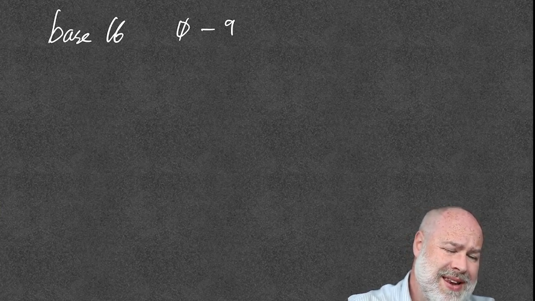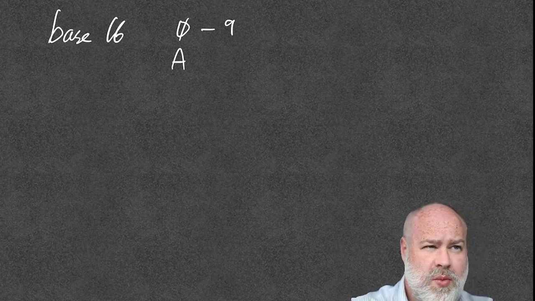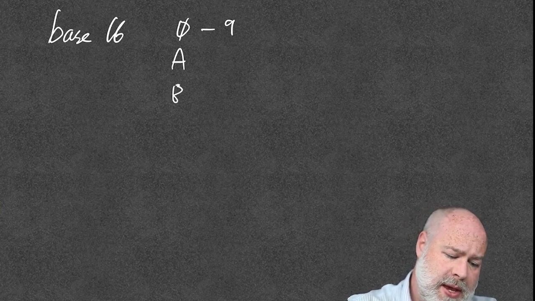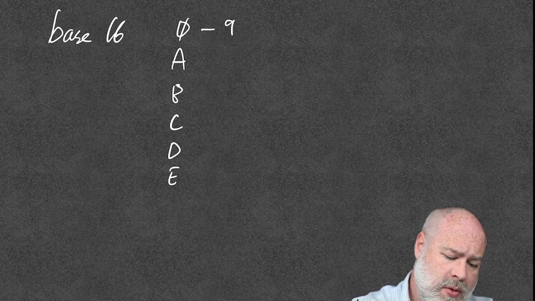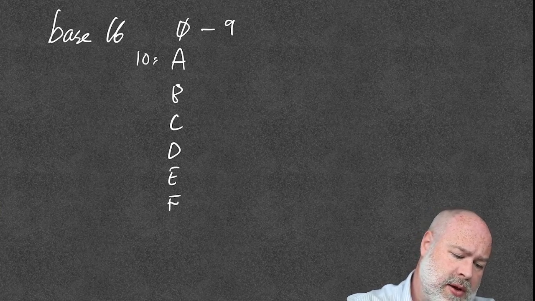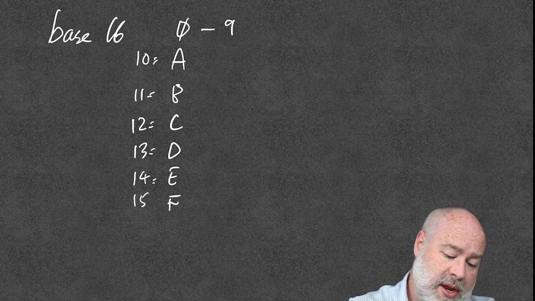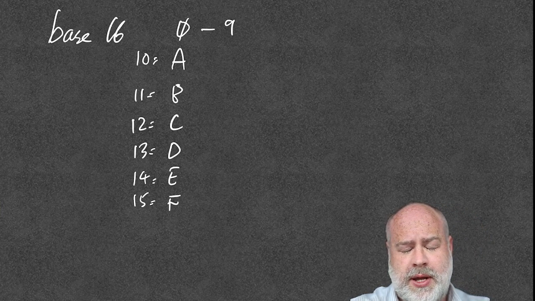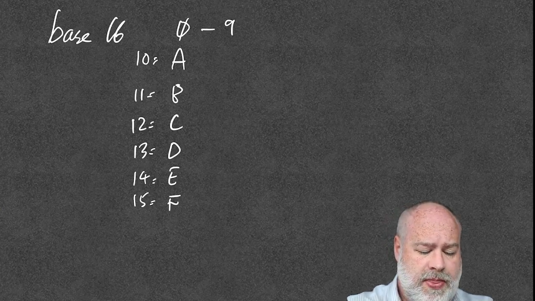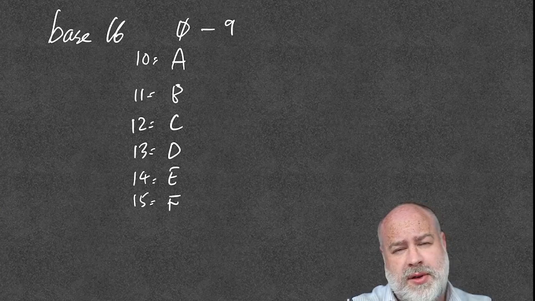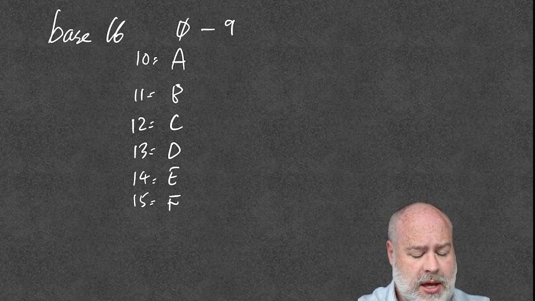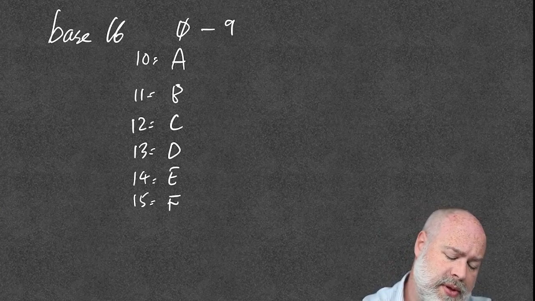But when we get to 10, instead of saying 10, we say A, B, C, D, E, and all the way up to F. So 10 equals A, 11 equals B, 12 equals C, 13 equals D, 14 equals E, 15 equals F. This is the key difference, and it saves a lot of space on the computer, because it's just using one character to represent multiple numbers.